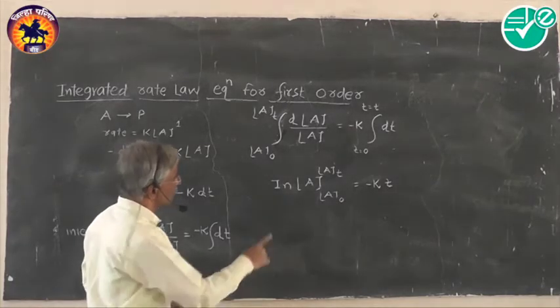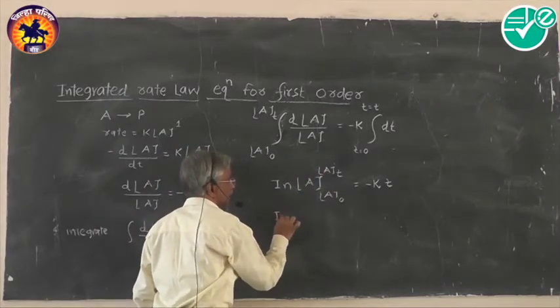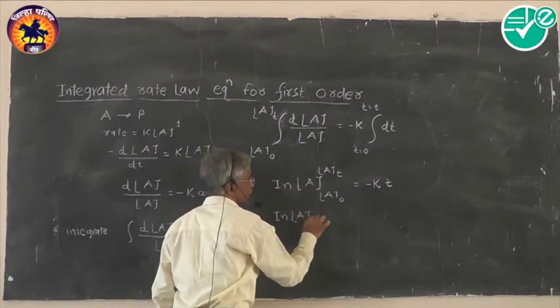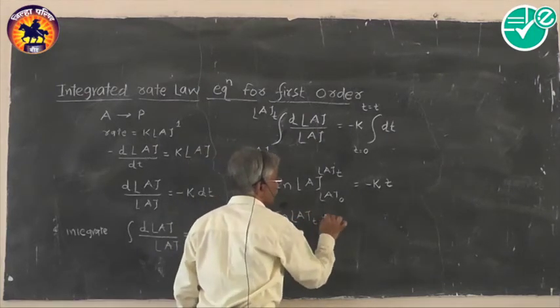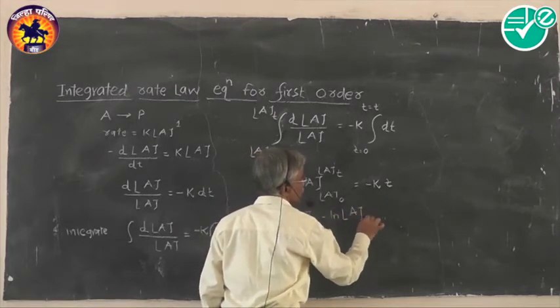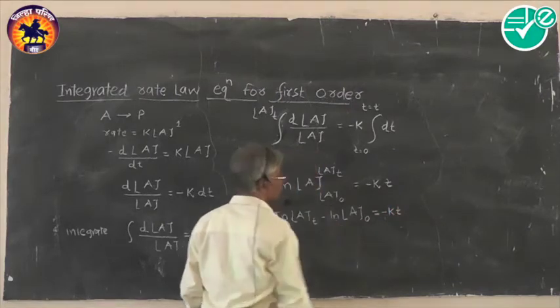Now we will put these limits here. Therefore ln of the concentration at time t minus ln A0, the initial concentration, will be equal to minus k into t.